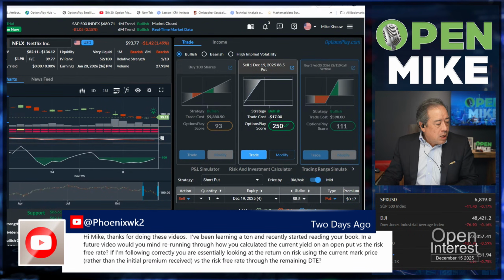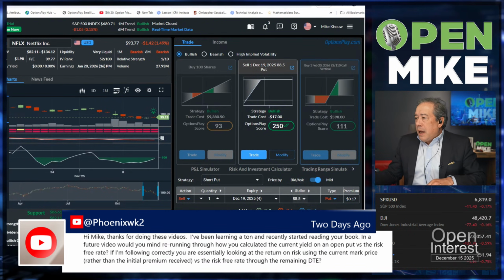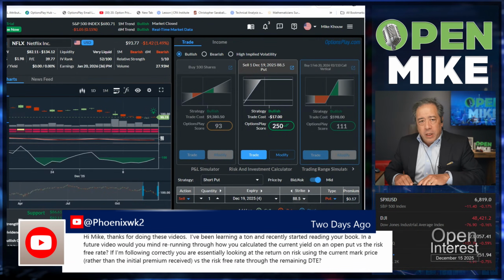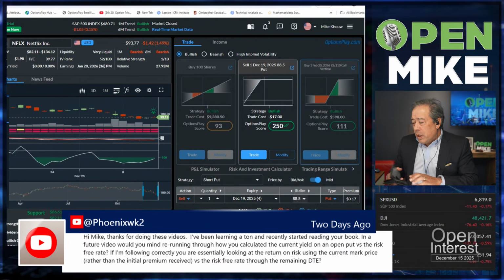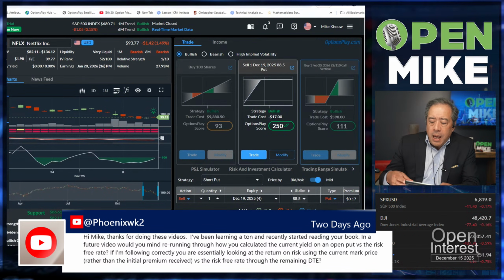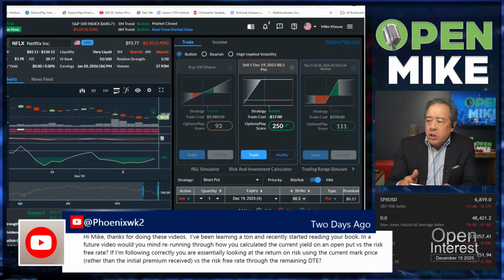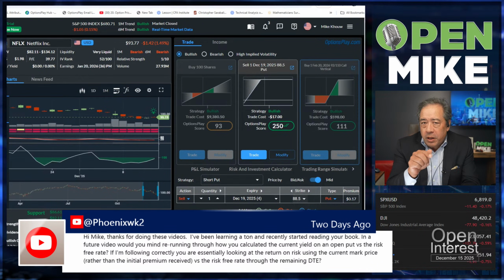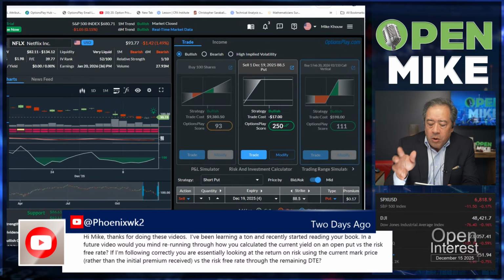Okay. So the 88.5 puts, if one was short these, you're short these at 17 cents. And what's the risk here? The risk is that you own the stock at 88.5. We'll get to the likelihood that that happens in a moment, but we'll just start with that.